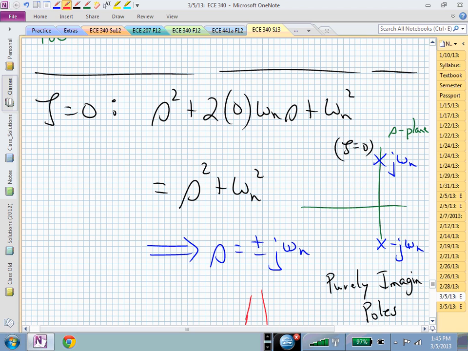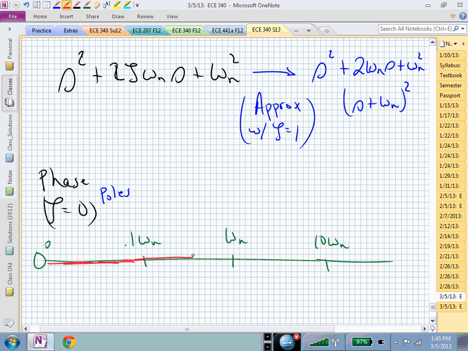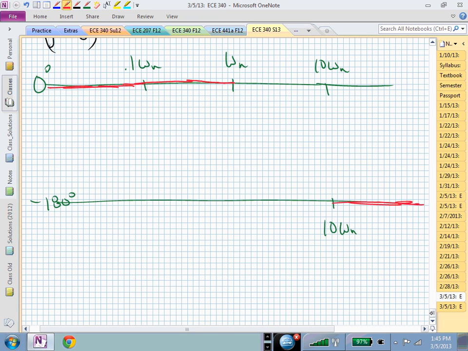I'm at 0 degrees. But what happens when I get right on the other side of that pole? Now they both give me 90 degrees, and since they're poles, they're minus, meaning I'm 0 degrees all the way up until there, and then I'm instantly down to minus 180. That's now the phase curve for zeta equals 0.